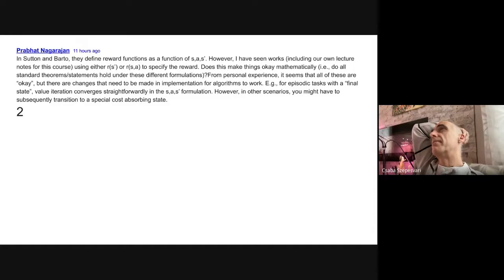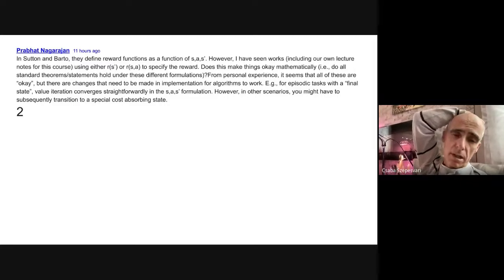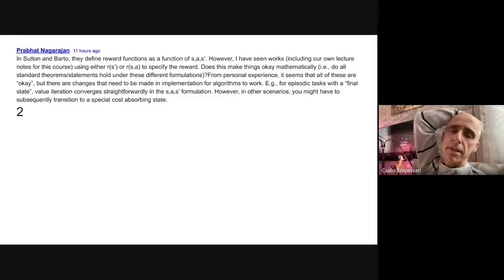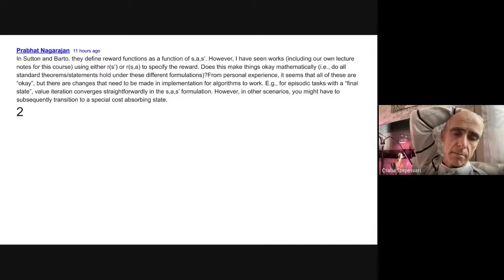What's important is that for all these things to work, the reward has to be Markov. The most general definition would be one probability kernel that takes a state-action pair and returns the next state and the reward together.